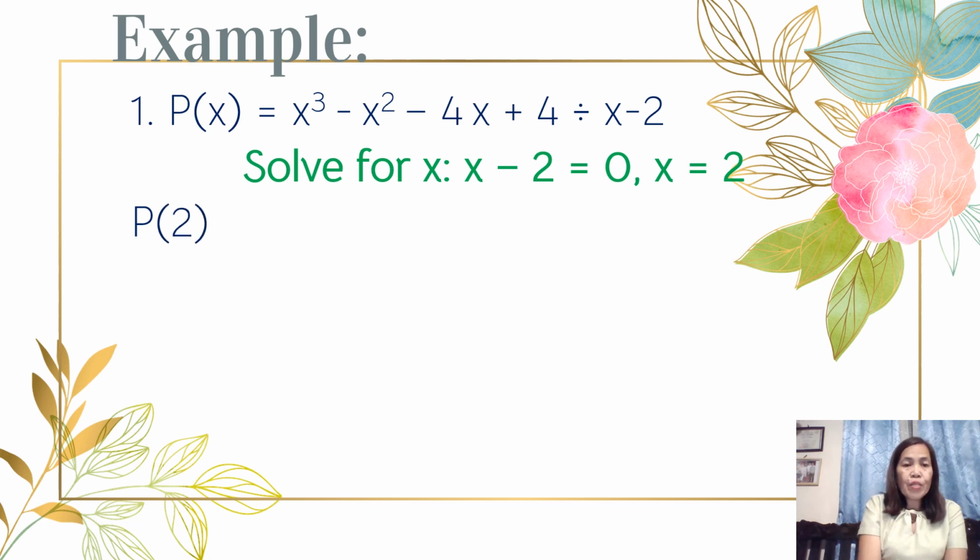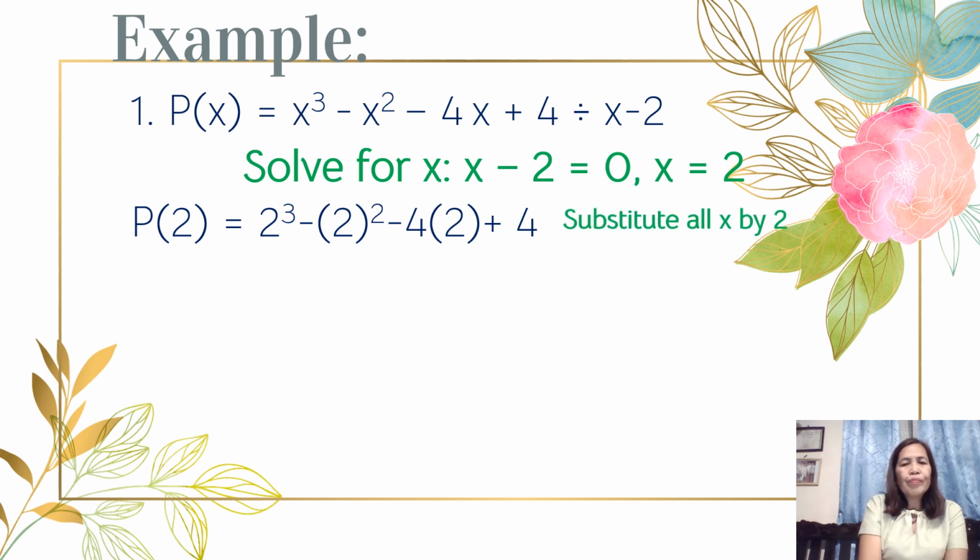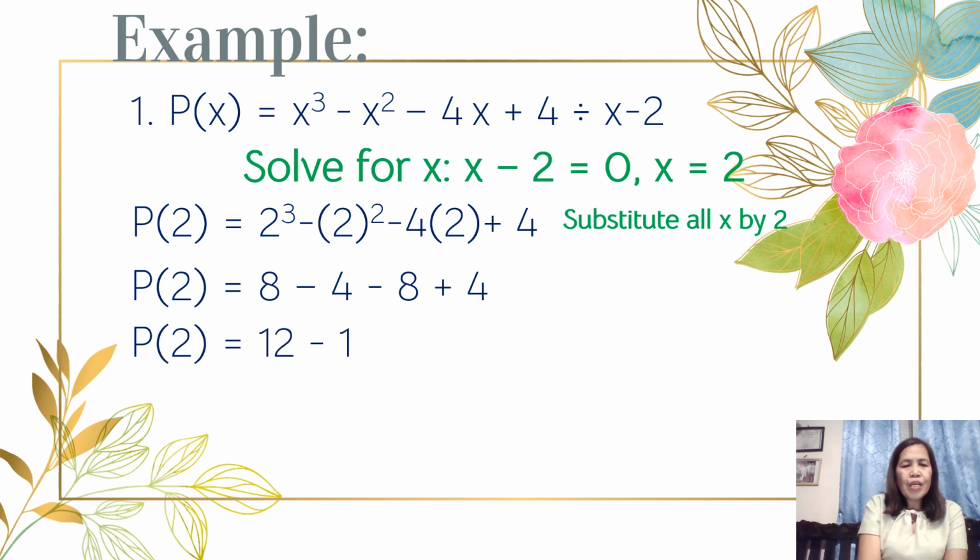And then replace all x by 2 from the original problem. So it becomes p of 2 is equal to 2 cubed minus 2 squared minus 4 times 2 plus 4. So simplifying, we have 8 minus 4 minus 8 plus 4. That becomes 12 minus 12.